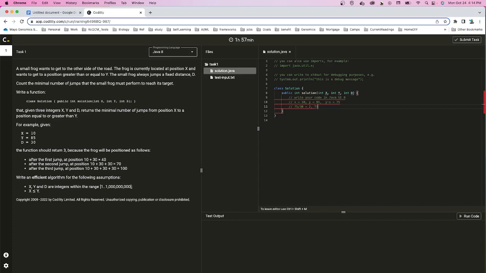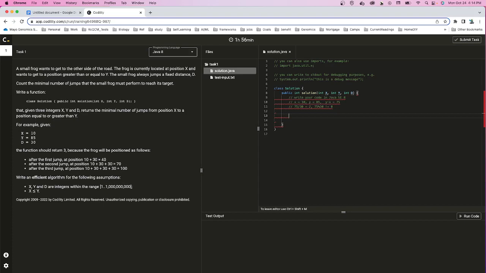So 75 mod 30 is not going to equal 0. So we have to add 1, which makes it 3 jumps for the frog to go from X to Y. Okay, so that's the idea of how we're going to solve the problem.